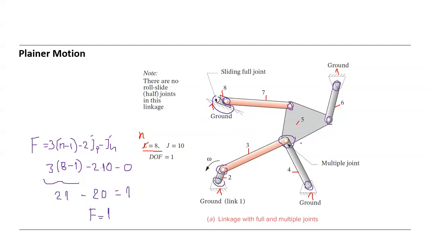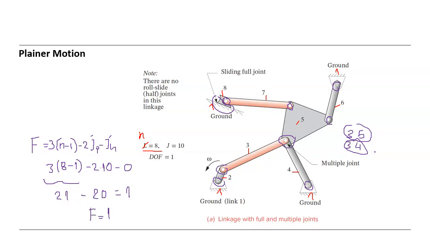Actually, in some cases, we take it two, because three members are connected. There are two connections here. One of them is, for example, 3 5, and the other one is 3 4, or 4 5, or 3 4. So there are two joints with 1 degree of freedom.